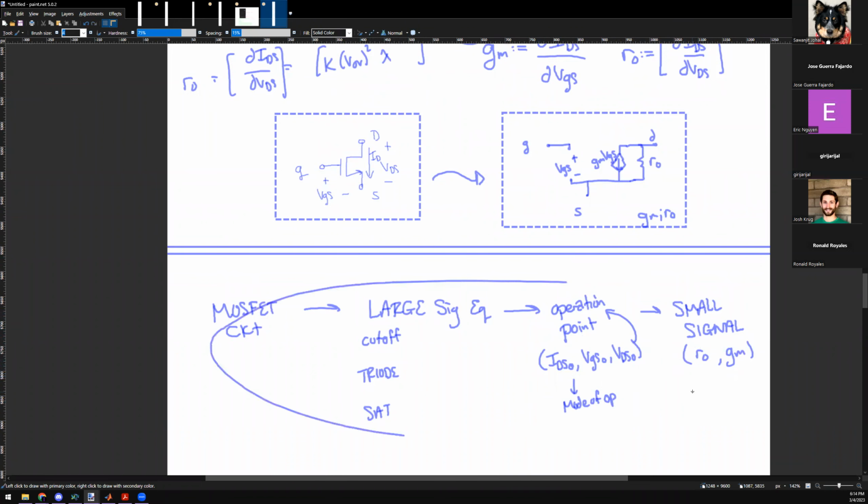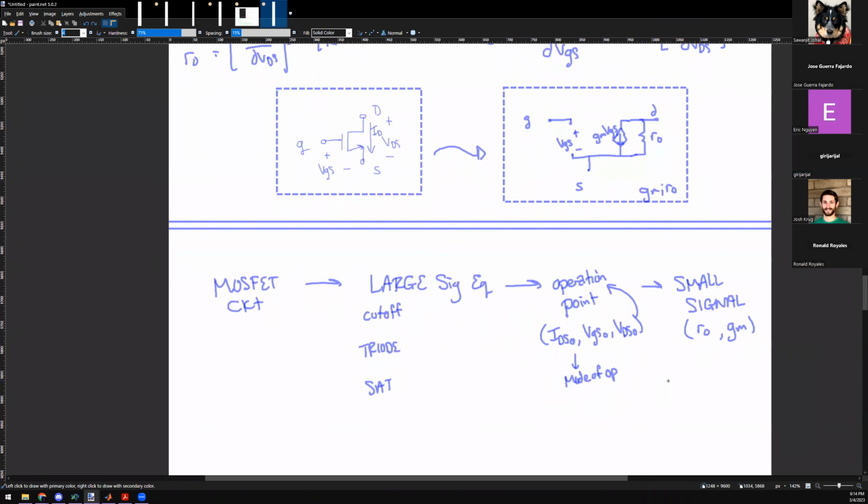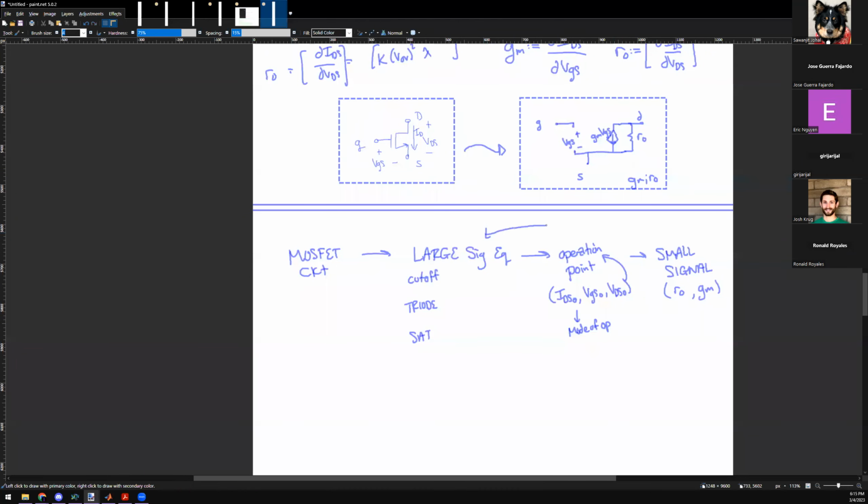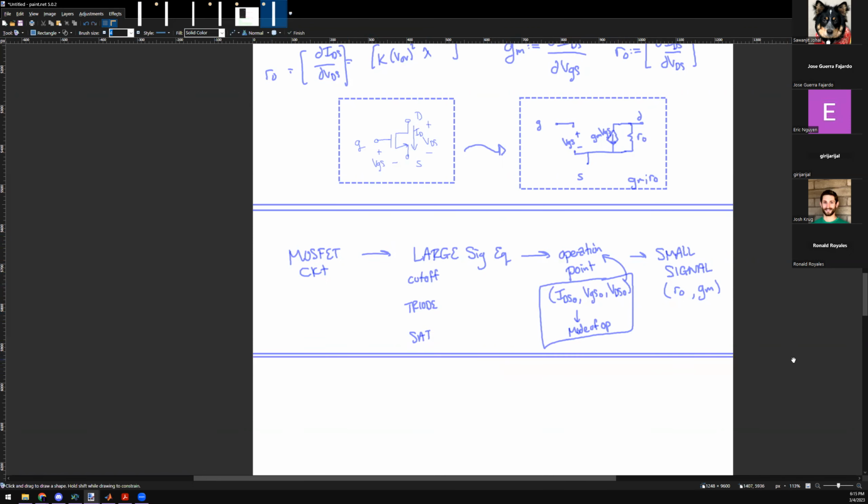Does this logic tree make sense? Yes. So how do large signal and small signal communicate? You need to know the op point for every MOSFET. That's the handshake between the two worlds. Does this make sense? Yeah. All right, perfect. That's the lecture portion of this.